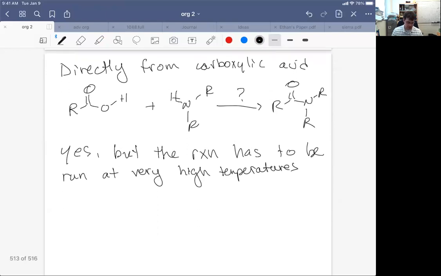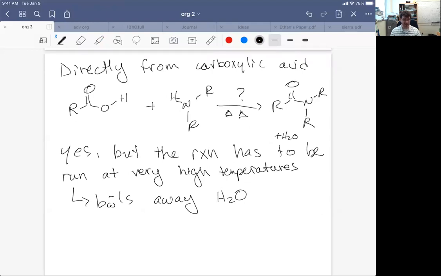Okay, so what does that look like? Well, you could put double deltas here. What we're doing here is we're trying to drive off the H2O. So we boil away H2O. Le Chatelier's principle says, if we have water on one side of the reaction and you're boiling it away, we're going to drive the reaction over to that product to try to reestablish equilibrium.